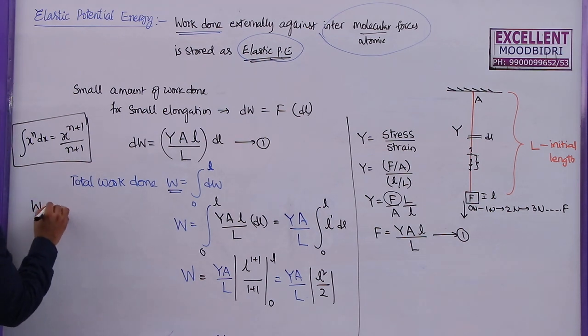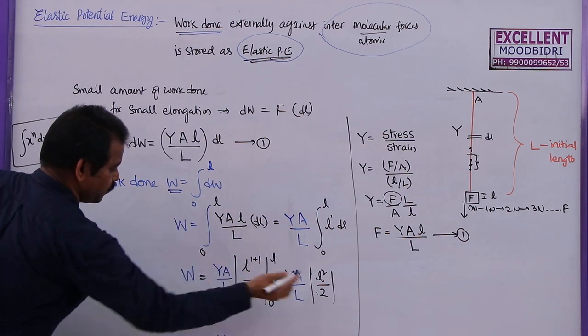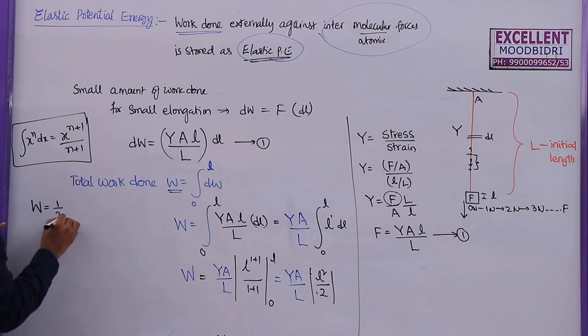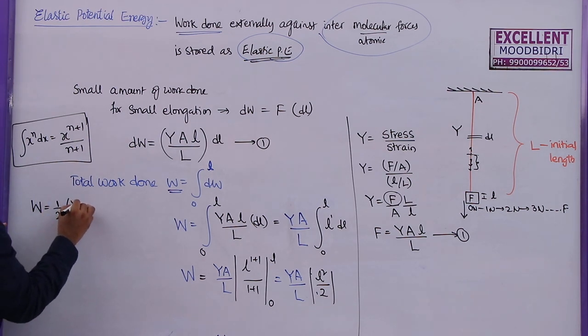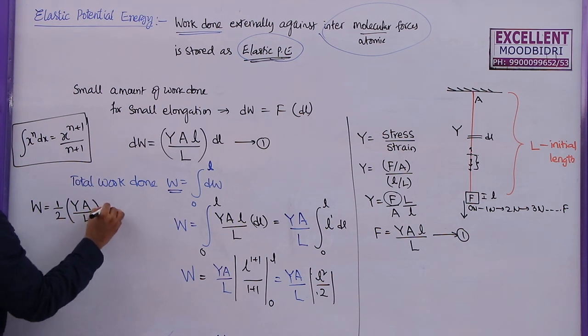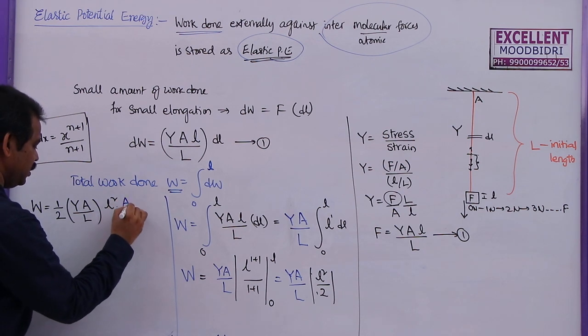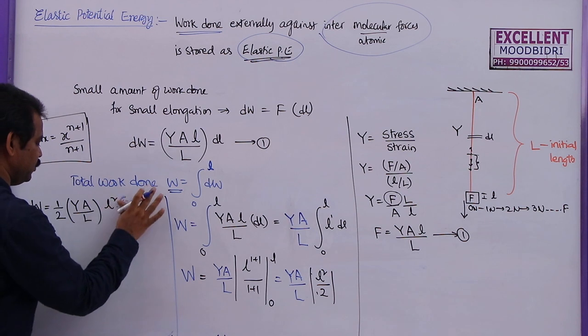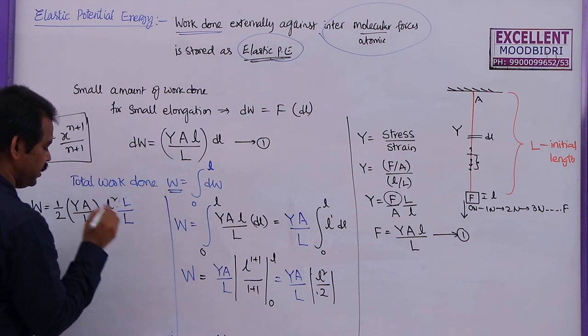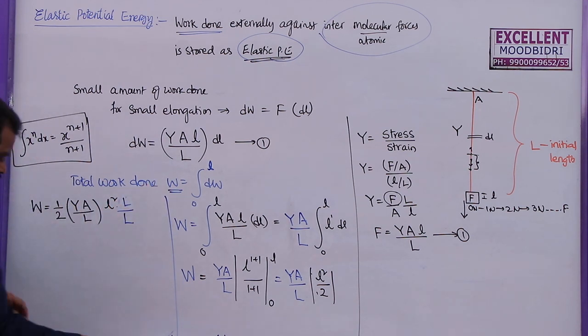I am going to take 1 by 2 common: W is equal to half into Young's modulus into area of cross section by original length into L square. If you multiply this equation with the original length by the original length, multiply with L by L.